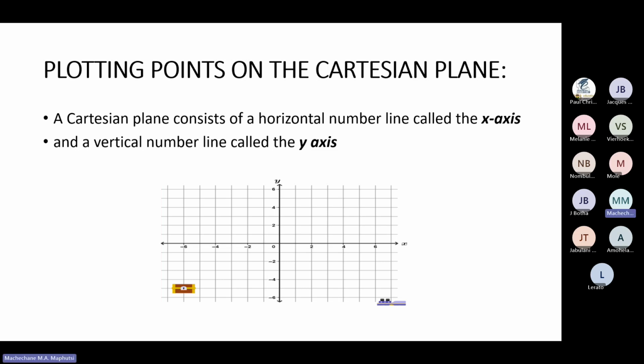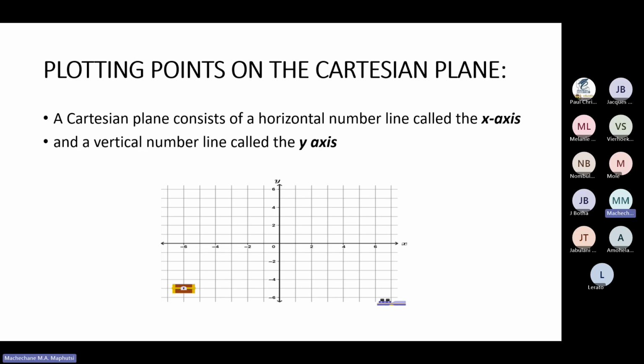It consists of the horizontal number line, the one that I'm showing you now. And this horizontal number line is called the x-axis, as you can see there. Then we also have a vertical number line, the one I'm indicating with my laser pointer.